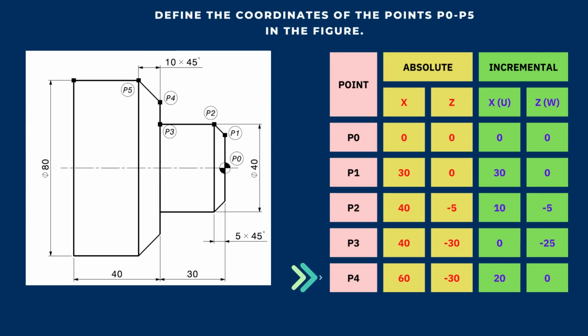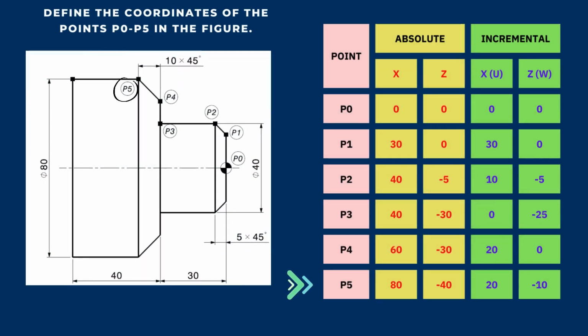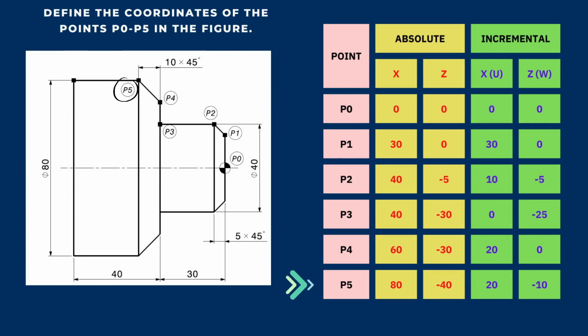According to the incremental system of the P4 point, the value on X-axis is 20, and the Z value on the Z-axis is 0. According to the absolute system, the X value of the P5 point is 80, and the Z value is minus 40. According to the incremental system of the P5 point, the value on the X-axis is 20, and the Z value on the Z-axis is minus 10.